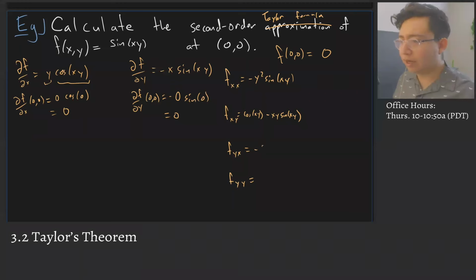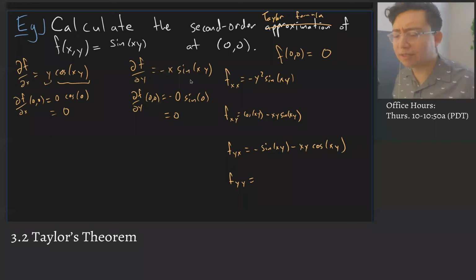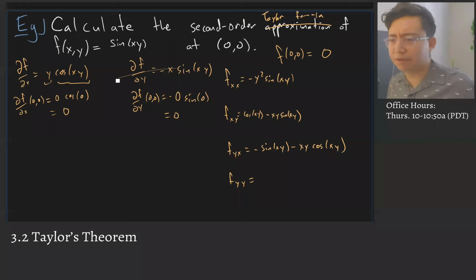So negative sine of xy minus xy cosine of xy. Again, I'm not necessarily spelling out a lot of the steps for the derivatives I'm taking. So if you're wondering what I'm doing, you can write this down and check my work later to make sure I did it correct.